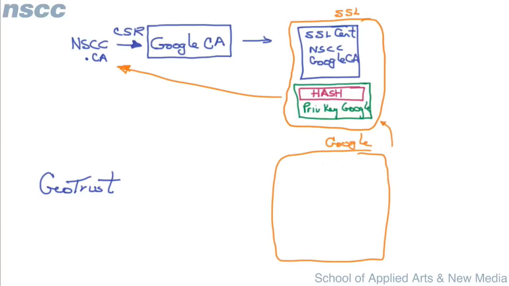We'll show how that works. So this is a certificate. It is Google's intermediate ICA certificate. It is going to be digitally signed by GeoTrust.